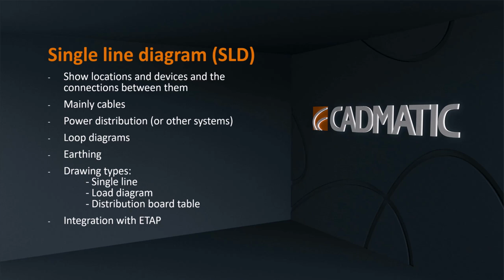We have one functionality in single line also for the loop diagrams, which at the moment is only for the fire alarm systems, but we are working on having these loop diagrams also for other systems so that you can actually have, for example, your light fixtures automatically drawn to your single line diagram according to your layout drawings.